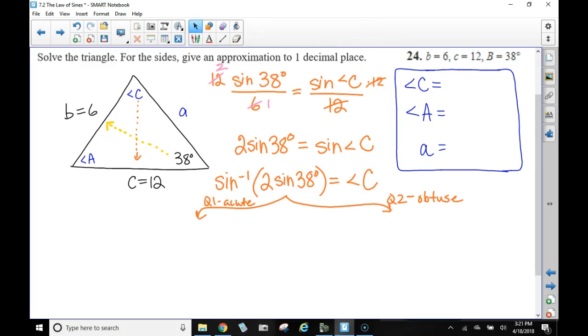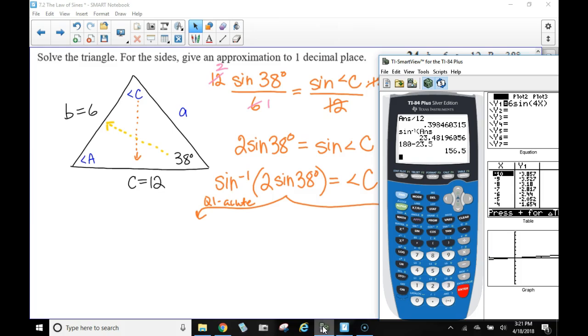All right, so when we go over to our calculator and we ask our calculator, let's just punch in all of this, okay? What angle, calculator, has a sine value of 2 times the sine of 38 degrees?